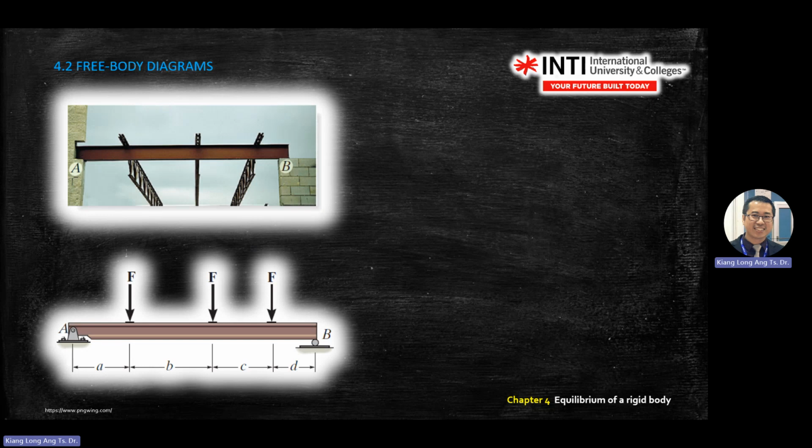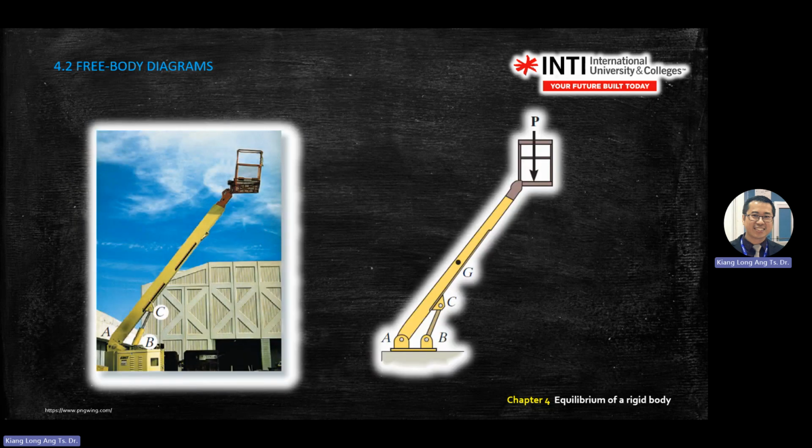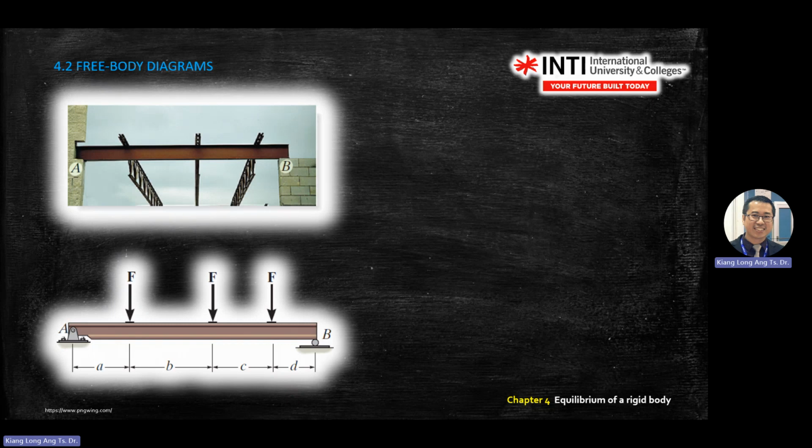If this one expands because of the thermal expansion, it can move to the right. So there's a roller there. Okay, so this one is a pin because it allows rotation like that, up and down. So it is like a pin.